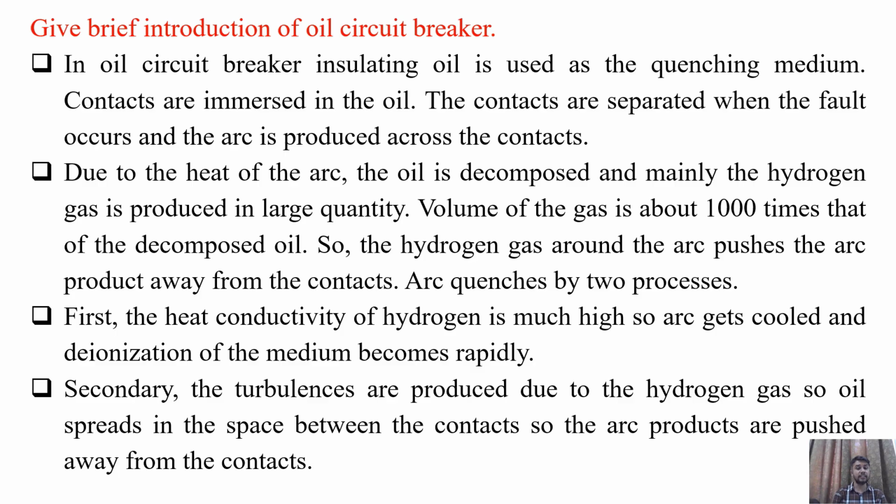So oil is sprayed in the space between the contacts and this oil forces the arc products away from the contacts, and the arc quenches completely. So this is how the oil circuit breaker quenches the arc. This is the basic introductory information of oil circuit breaker.